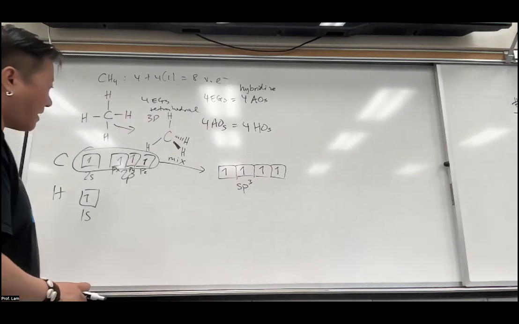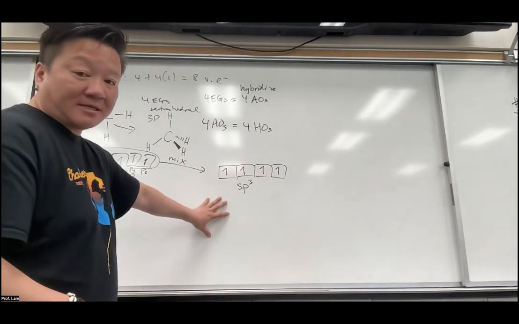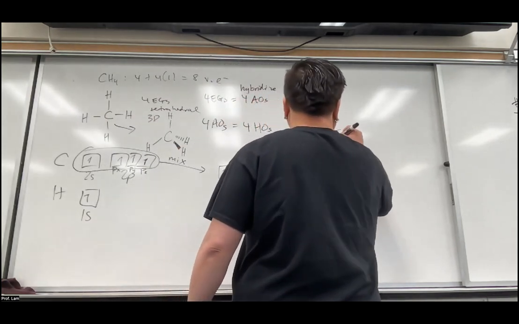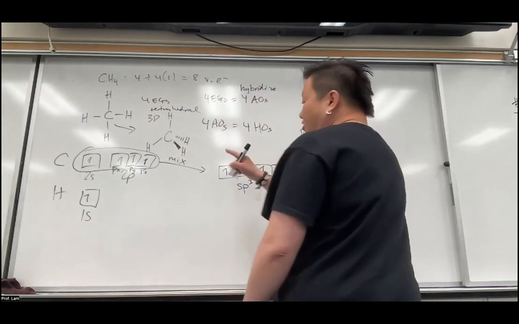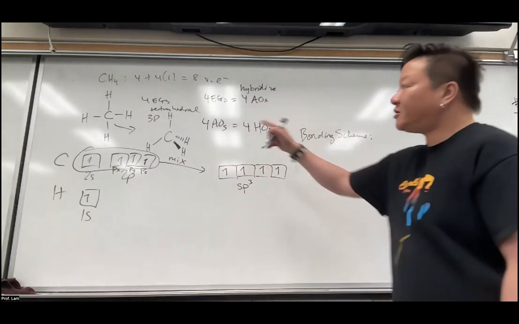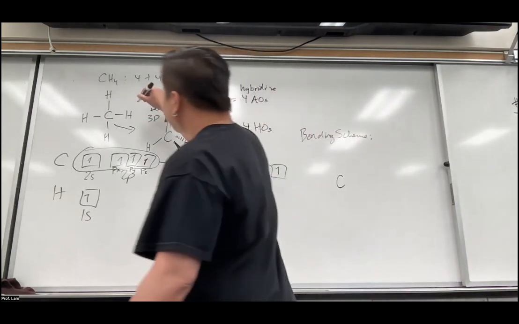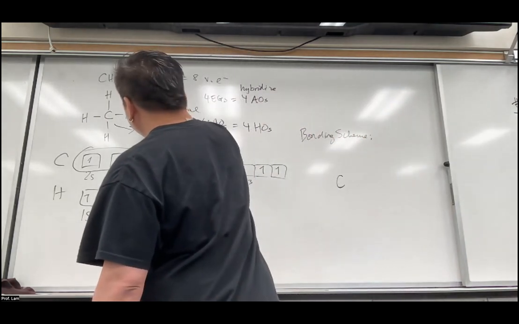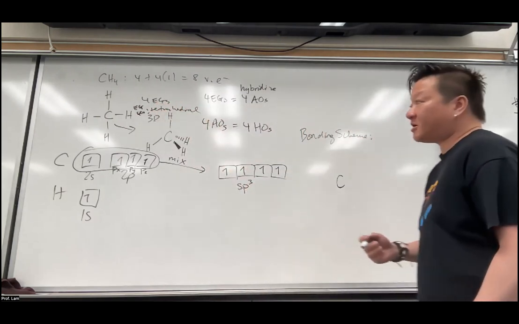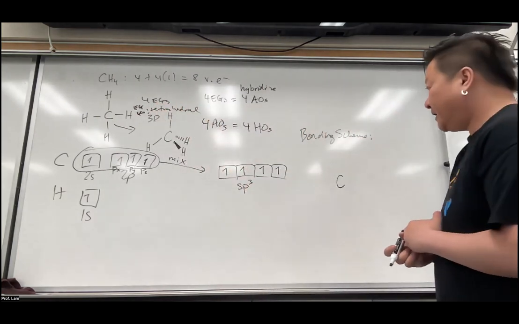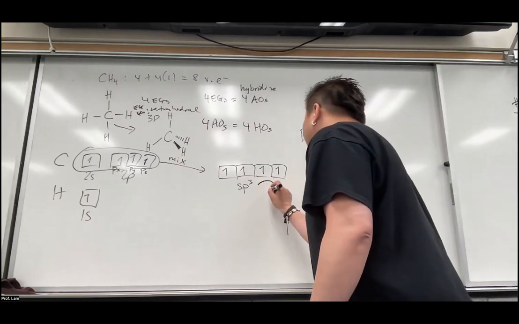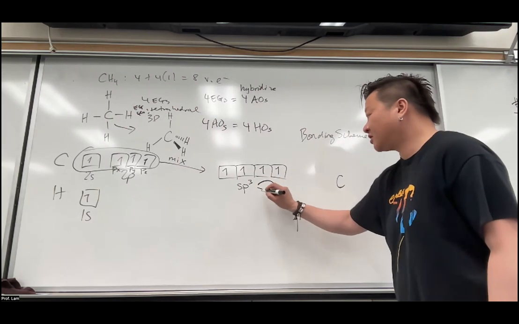Okay. Once you have the mixing done, to get the bonding scheme, just draw the central atom first. So that's carbon. And then look at the geometry that you put earlier, right? So we have 4 electron groups. The electron group geometry is tetrahedral. So you're gonna put each of these hybrid orbitals, and they look like this.